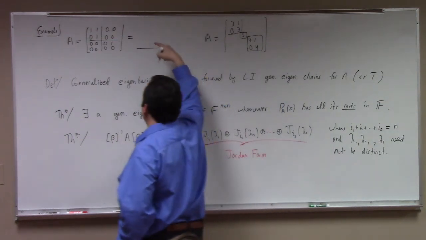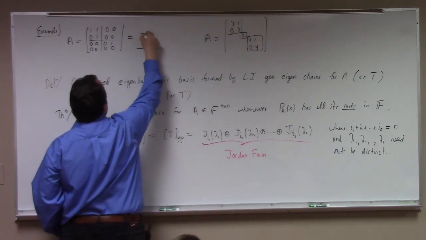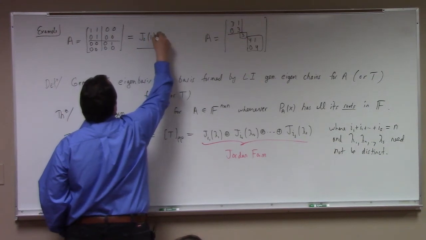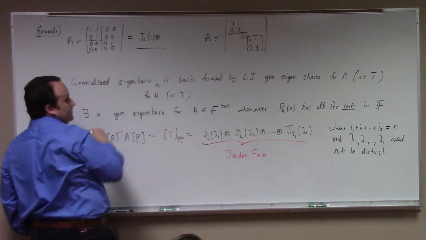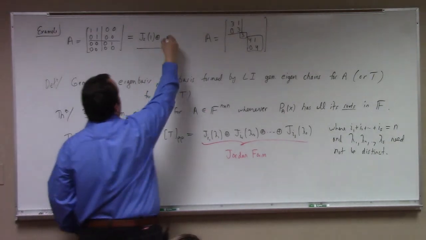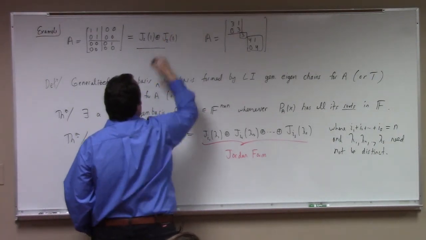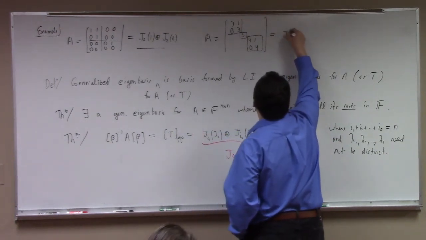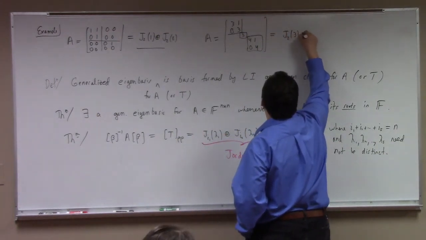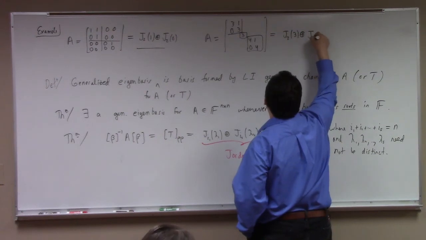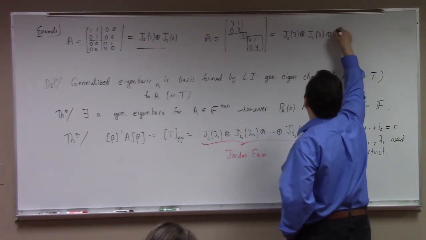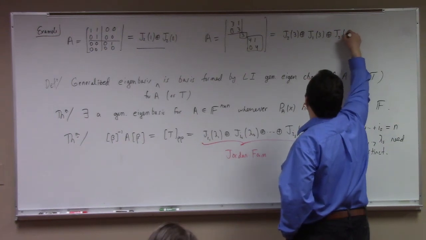So how about this one? This is J2 of 1, direct sum with what? Right, J2 of 0. How about this one? J2 of 4, right?